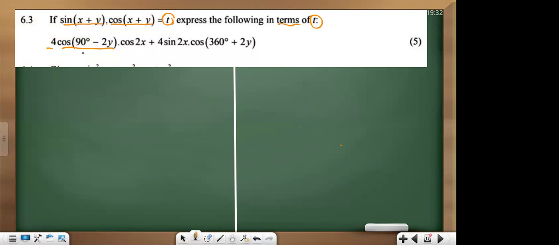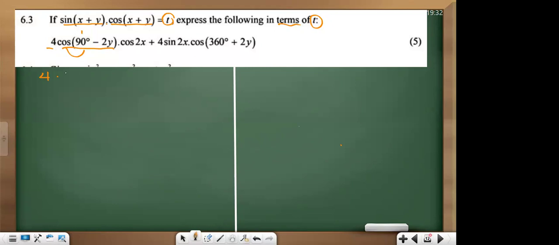Can I start by changing this? I have 4. Whenever I pass 90, cos changes to sine, sine changes to cos, vice versa.